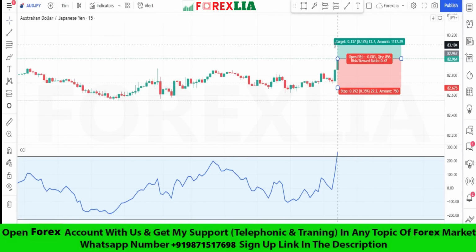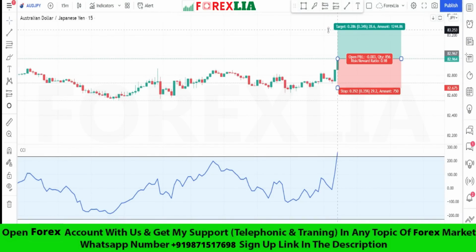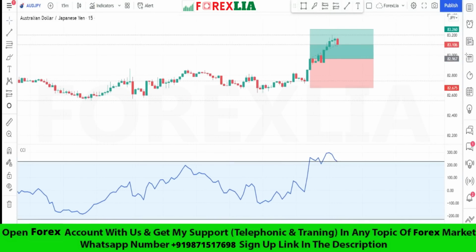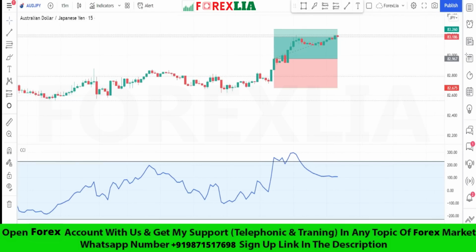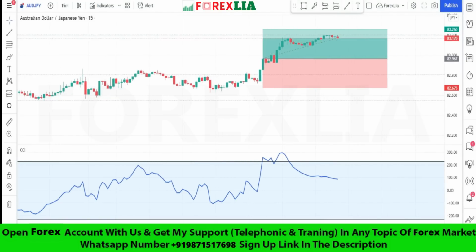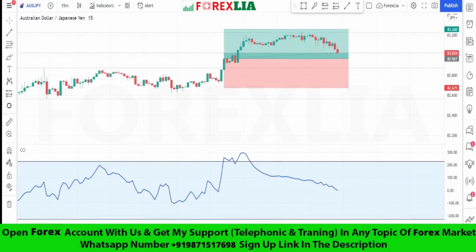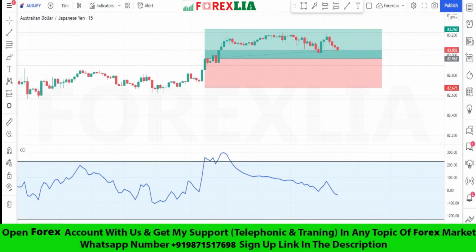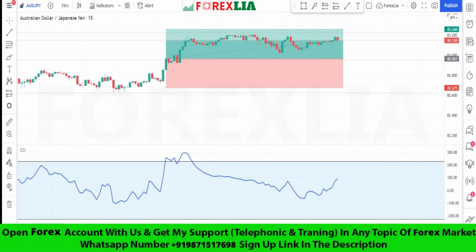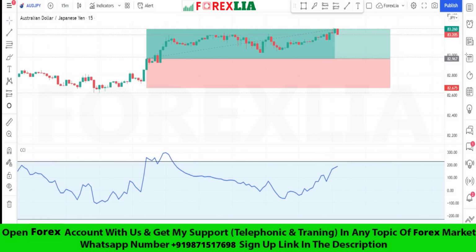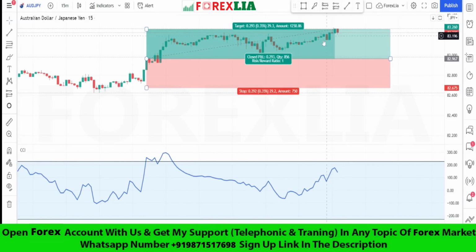Set profit target 1:1. We won this trade.